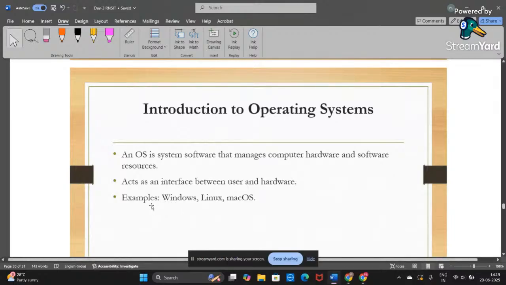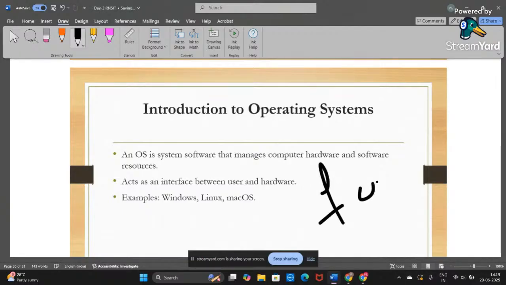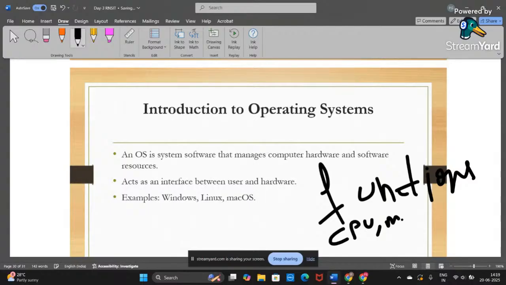The functions of this are: it manages hardware resources like CPU, memory, input and output.